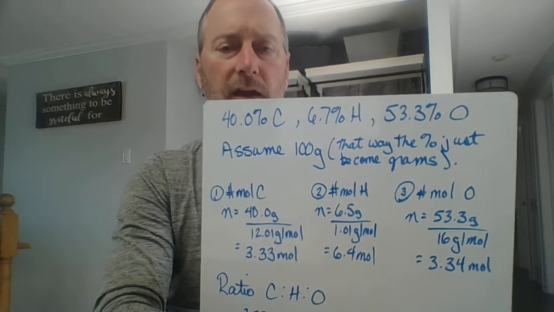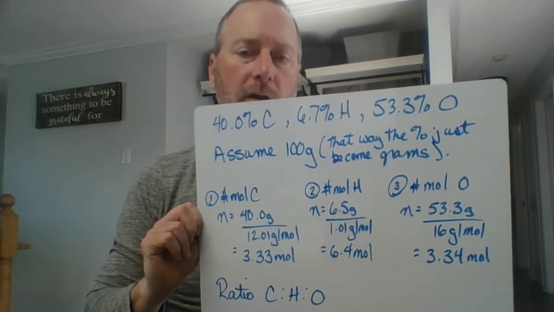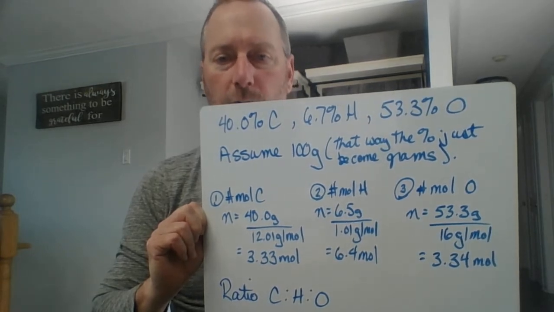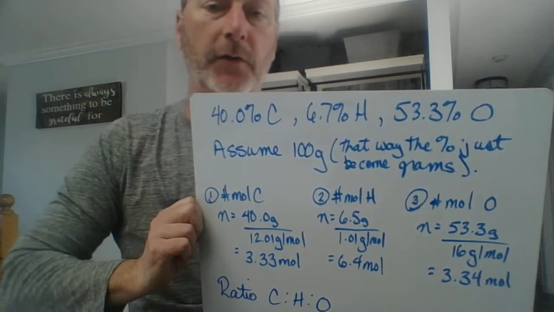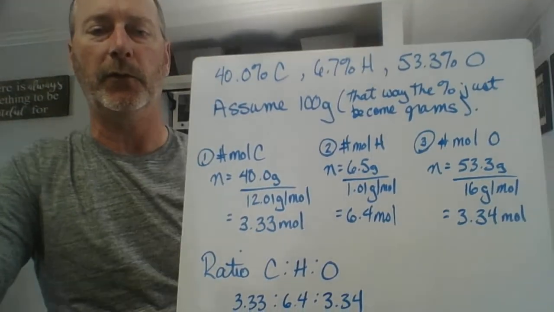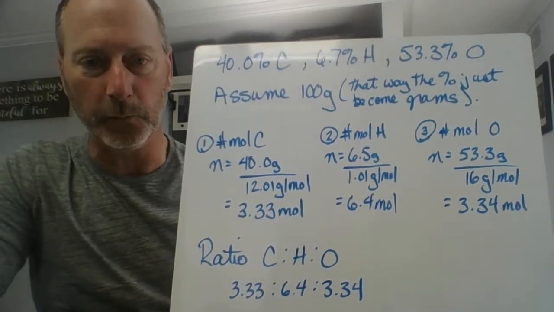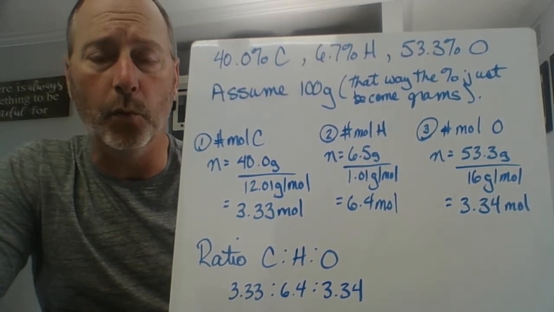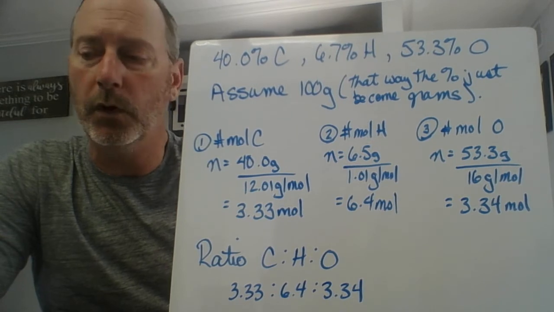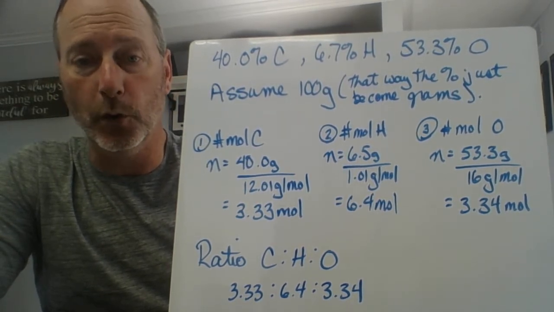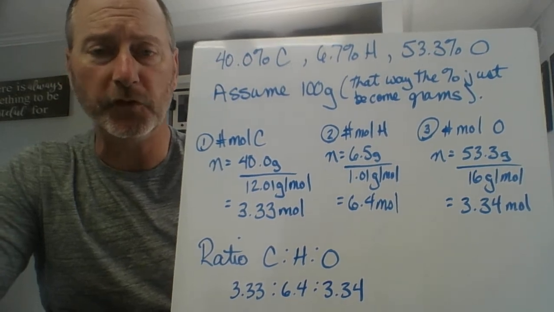Okay, so then I'm going to put the ratio of carbon to hydrogen to oxygen. This is kind of our new step. The stuff we just did there, we've done a whole bunch of times. So let's look at what we've got. We've got a ratio of 3.33 to 6.4 to 3.34. So we want to have a 1 to something ratio. So what we do is we divide all three by the lowest of the numbers, which is 3.33.